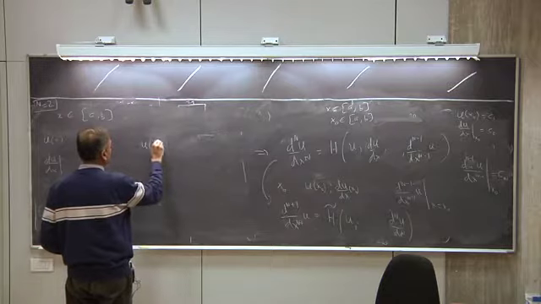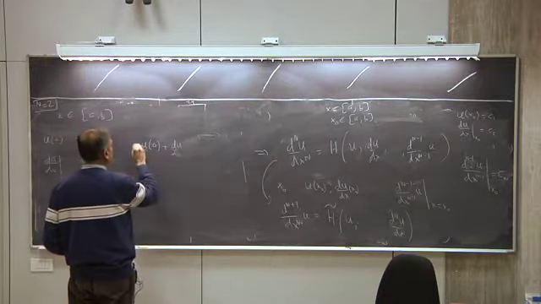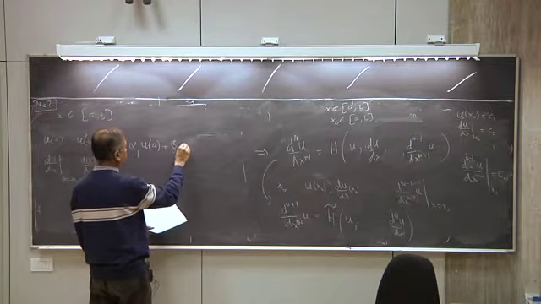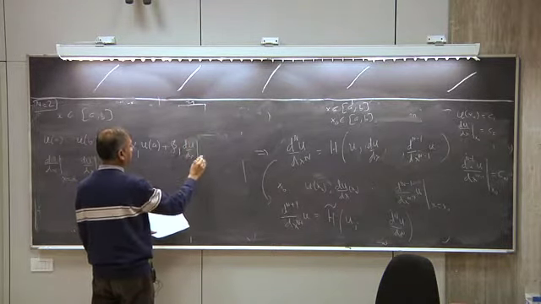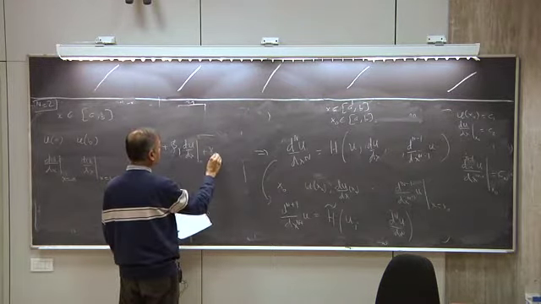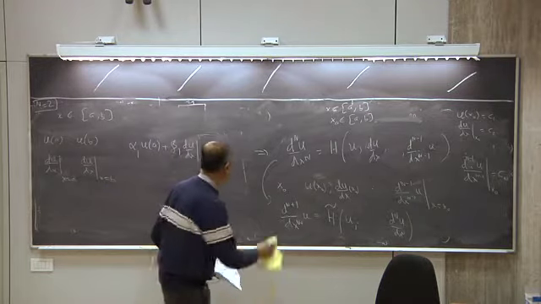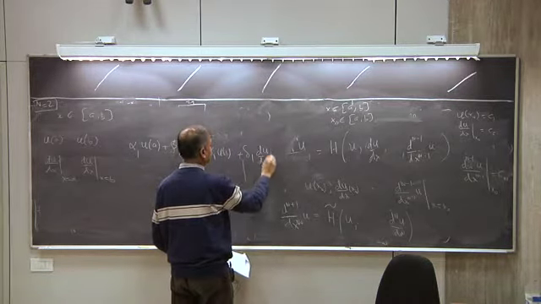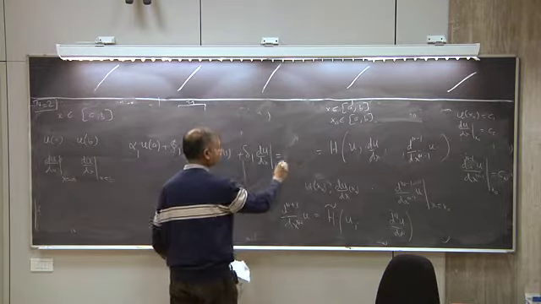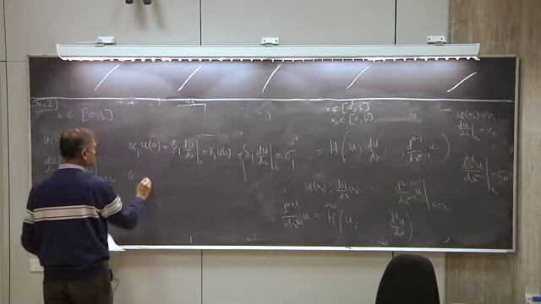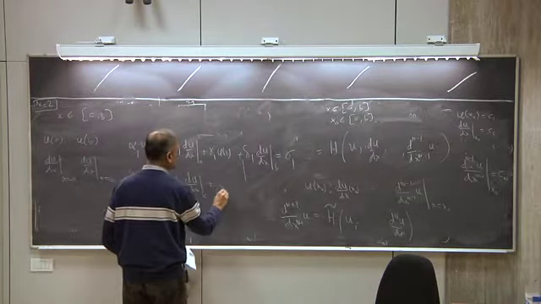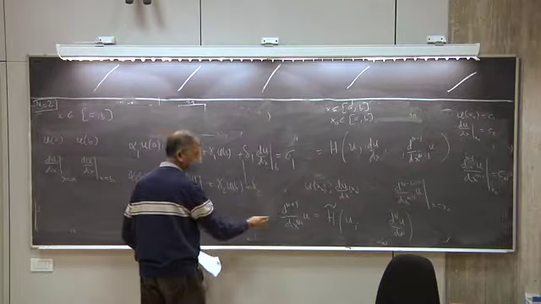So that data could be any possible 2 linear equations: alpha 1 times u at a plus beta 1 du/dx at x equal to a, plus gamma 1 u of b plus delta 1 du/dx at x equal to b, equals some number, say sigma 1, and another, alpha 2 u of a plus beta 2 and so on. So just 2 equations.